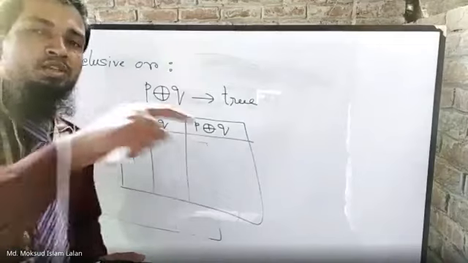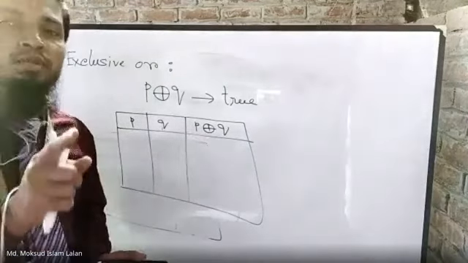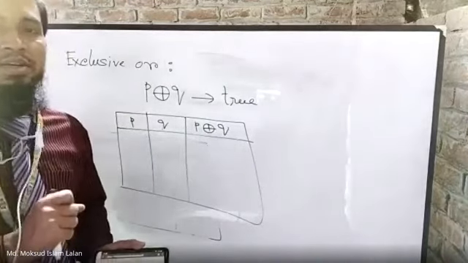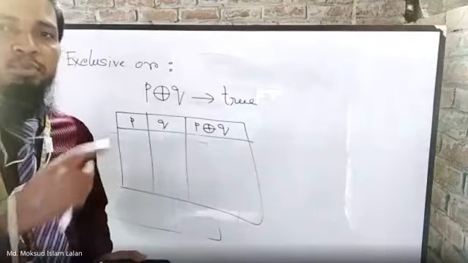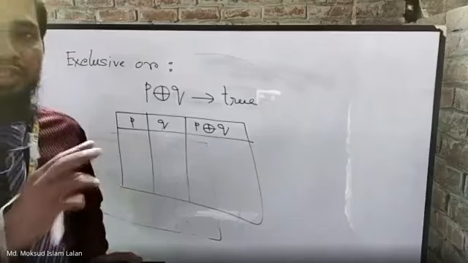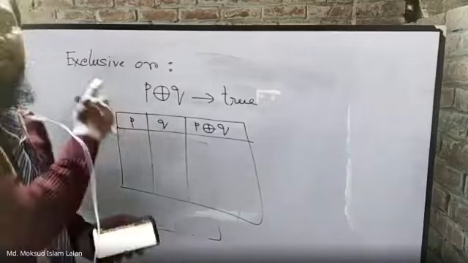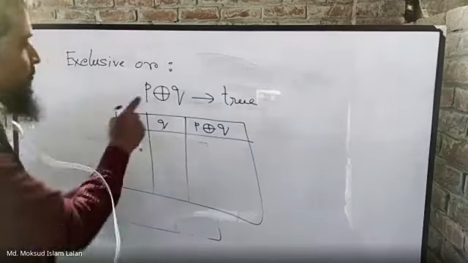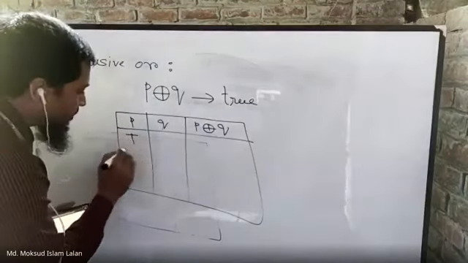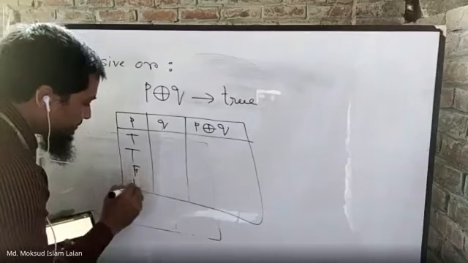When both are false, that is disjunction. Now, when exactly one is true, maybe one is true and one is false, or first one is false and second one is true, there is a chance, right? So that covers the exclusive or.